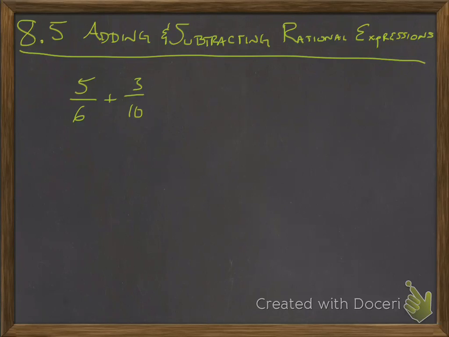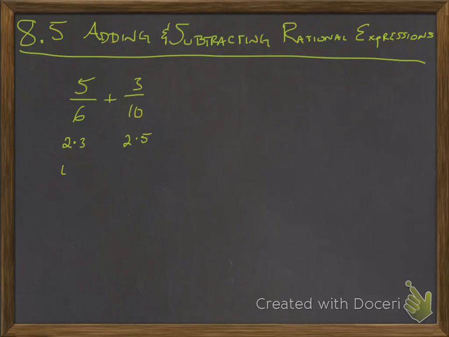Remember, in order to add these, you would need a common denominator. And some of you might be able to tell what the common denominator is now. But I'm going to do it in the way we're going to do it with the rational expression. So if you factor the 6, it's 2 times 3. If you factor the 10, it's 2 times 5.